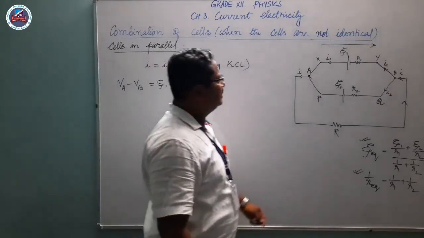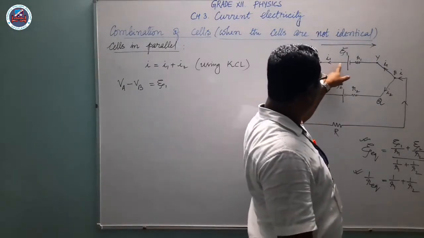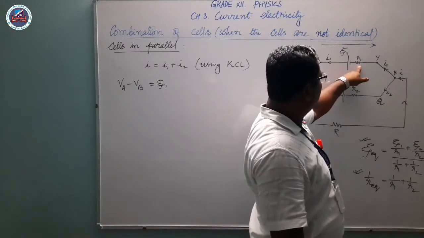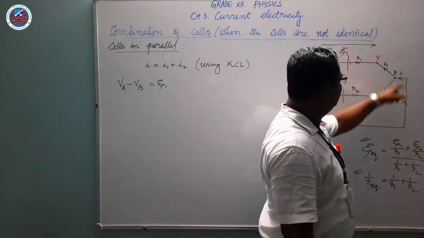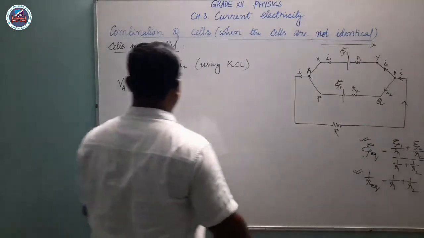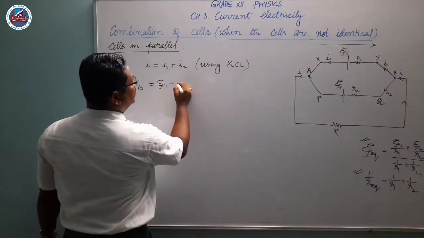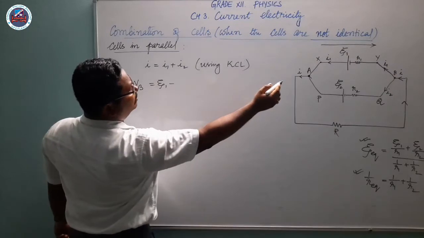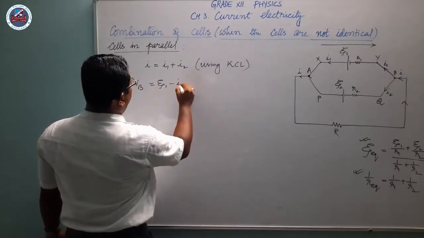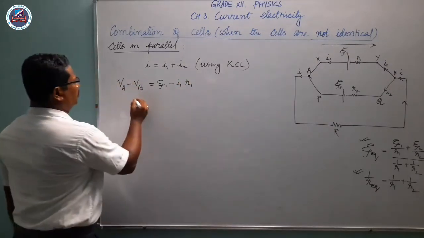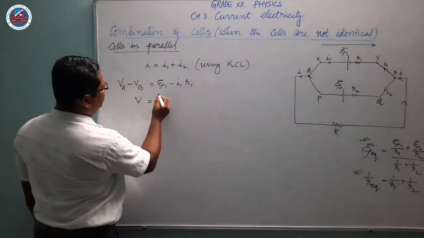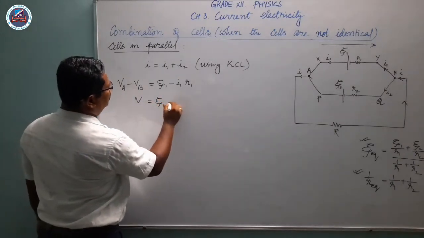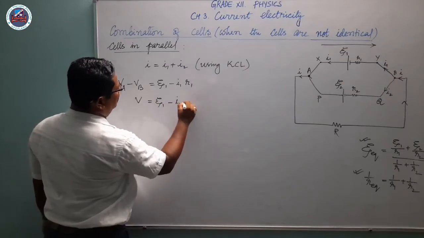Then current and resistance: here current is I1 and resistance is R1. But the direction of current is opposite to the direction of the path we have chosen, so it will be minus I1 R1. So the potential VAB, or simply V, is epsilon 1 minus I1 R1.